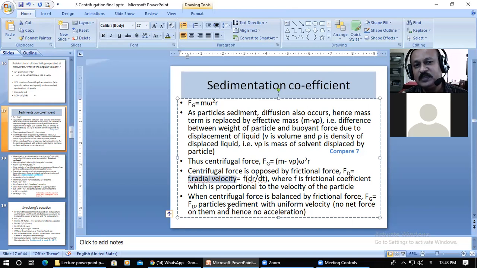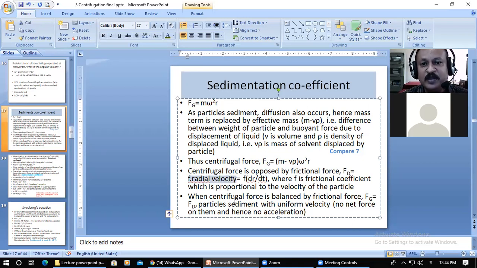Yesterday also I told you that the frictional or drag force is dependent upon the velocity of the particle. The more the velocity of the particle, the more the frictional force it will encounter. Instead of just the linear velocity, because it is centrifugation, we write radial velocity.